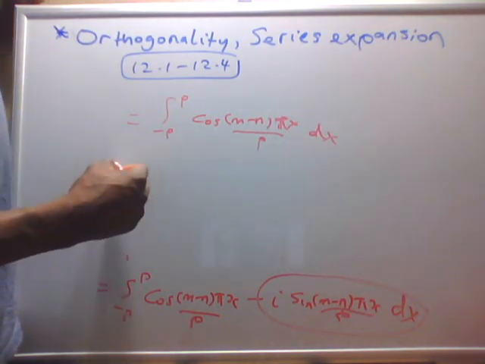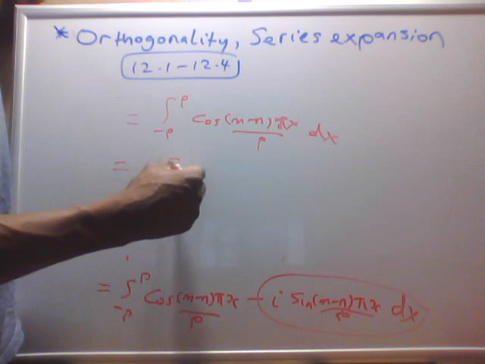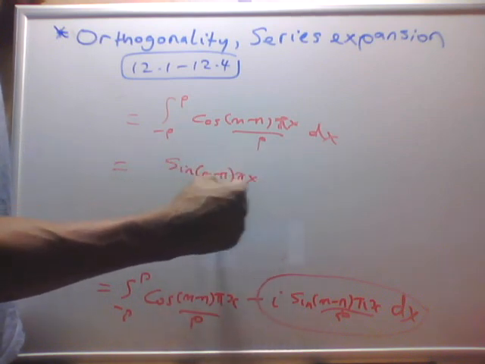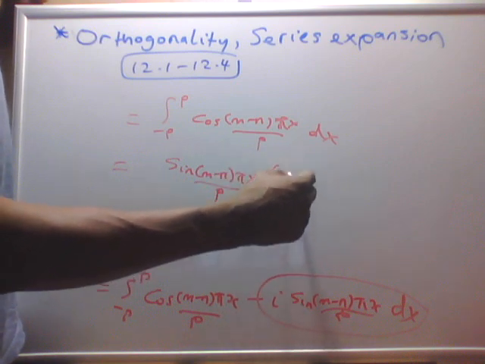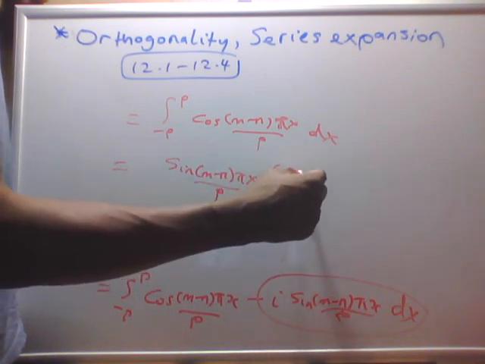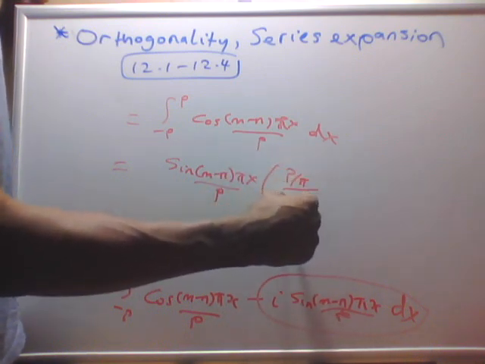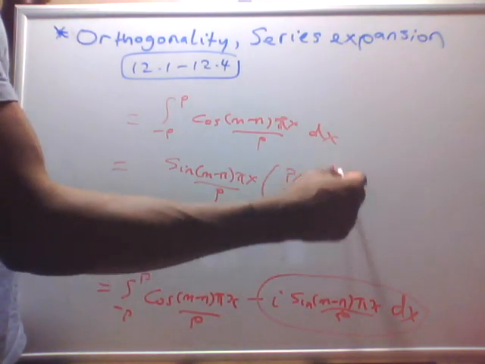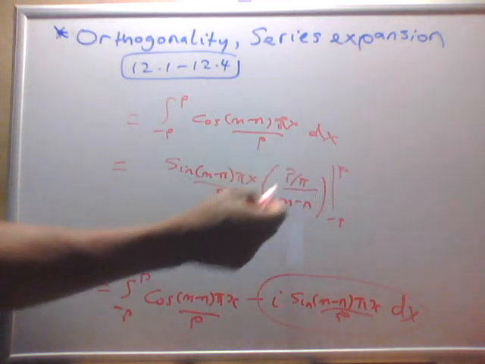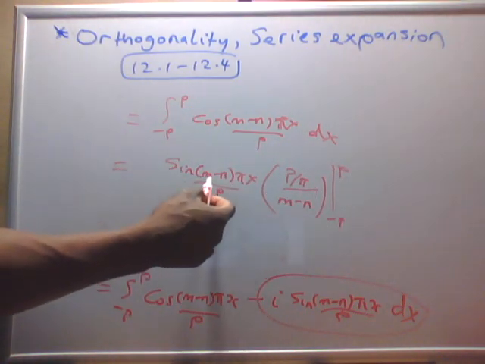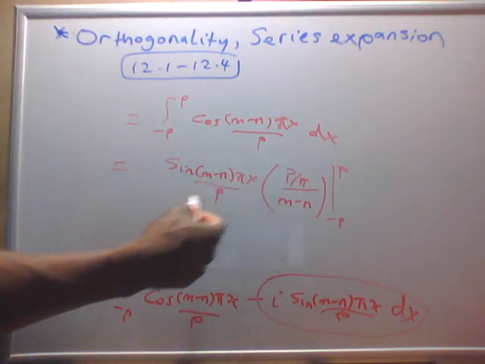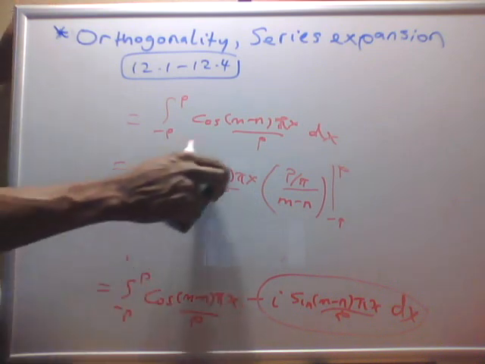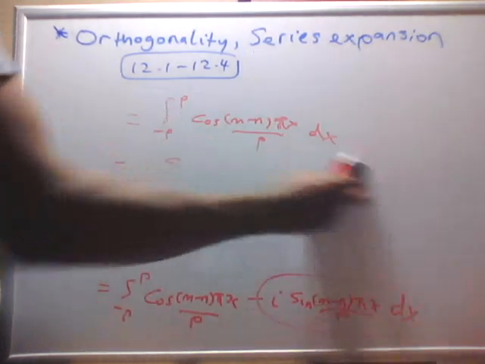Okay, and that's easy. Just simply sine divided by pi over p times (m minus n), going from minus p to p. Plug in those limits. Obviously, I get sine of an integer times pi, which is always going to be 0. Okay, so it's 0 when m doesn't equal n.